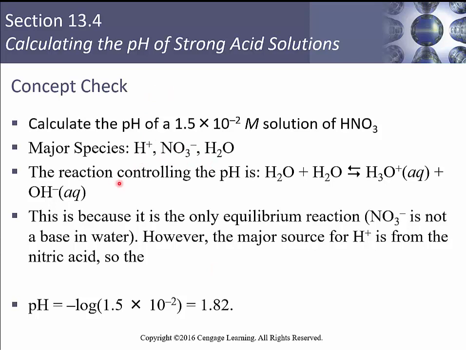The reaction controlling the pH is going to be H2O plus H2O, giving us H3O plus and OH minus. And that's because it's the only equilibrium reaction. NO3 minus is not going to be a base in water. However, the major source of H plus is from the nitric acid, so we're going to say our pH is going to be minus the base 10 log of 1.5 times 10 to the minus 2, or 1.82.